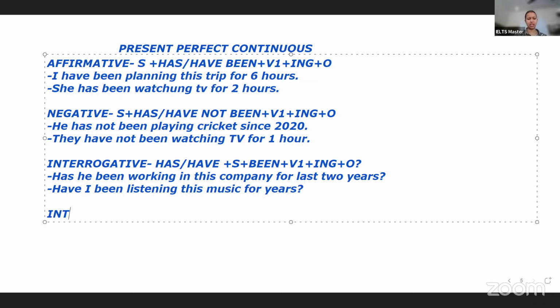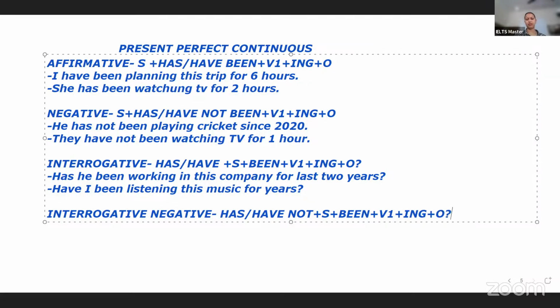Or if it is interrogative negative, you can use has, have, not, plus subject plus been plus gerund plus object.